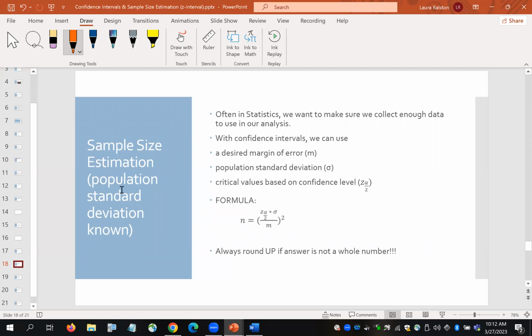So you want to ensure that you collect enough data from the beginning of the process. And so if we're using confidence intervals, we can estimate what our sample size needs to be based on the margin of error. If I have a particular desired margin of error, if I want to be within 2 points or within 3 points or within 5 points, I can determine what my sample size should be.